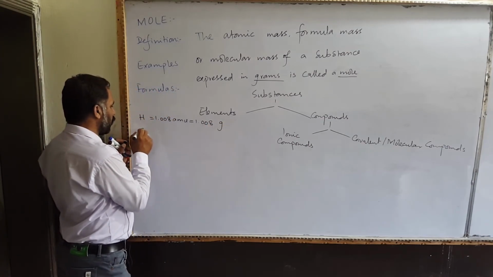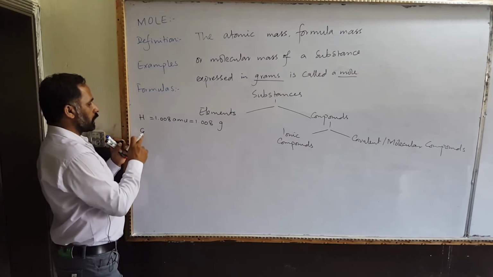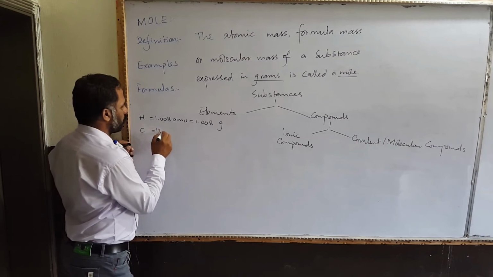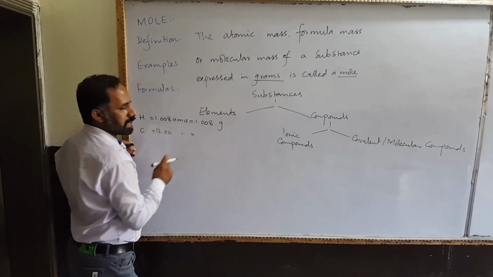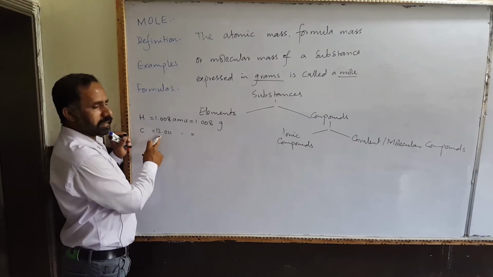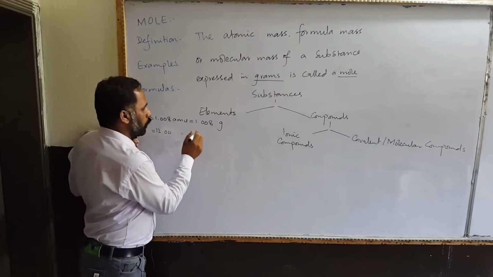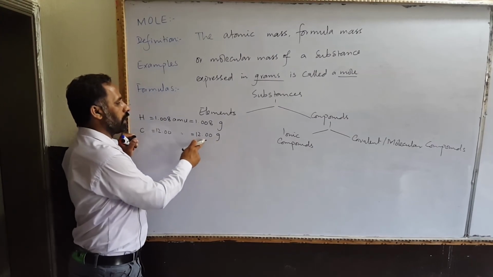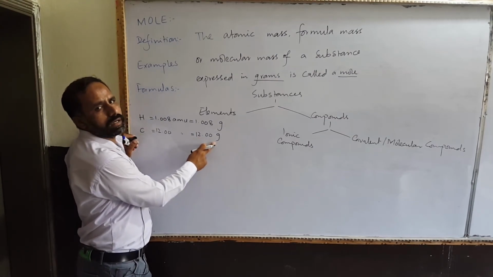Another example of an element is carbon, with the symbol C. Carbon has 12 AMU atomic mass, but we have to calculate this atomic mass in gram. So we will take 12 gram of carbon, and this 12 gram of carbon will be equal to 1 mole of carbon.